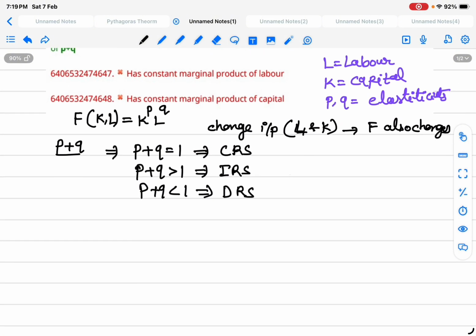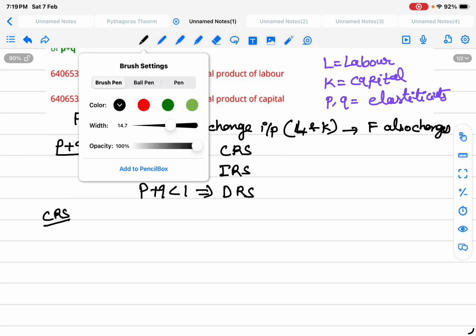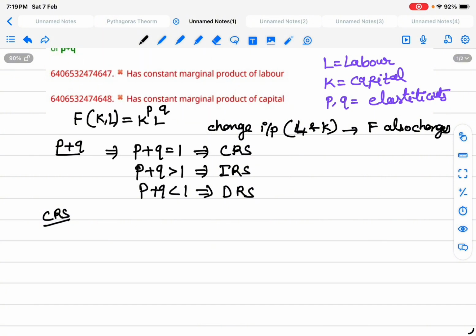So what is meant by constant returns to scale? CRS means if we change both K and L, the output Q, generally represented with small q, which is F of K, L, also changes. How much does it change?